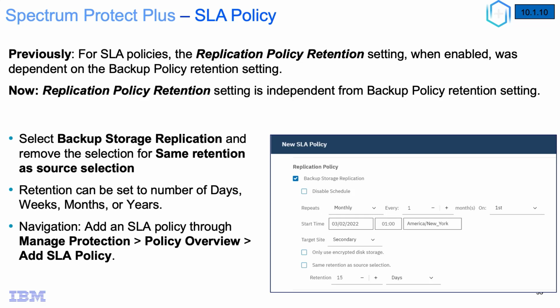So basically you can select backup storage replication and remove the selection for the same retention as source selection that you can see in the checkbox here over on the right hand side. And if you want to pick a particular date, you can do that and set it to a particular number of days, weeks, months, or years.